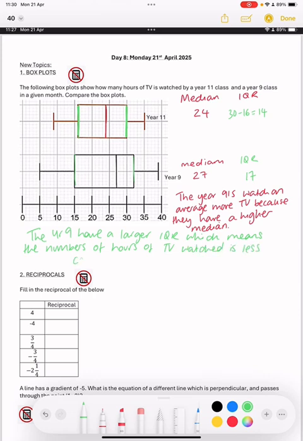Or varies more, or is more distributed. Okay, so 1 mark just for getting the median values, 1 mark for getting the interquartile range values, 1 mark for this statement of comparison, 1 mark for that as well. So 4 marks.